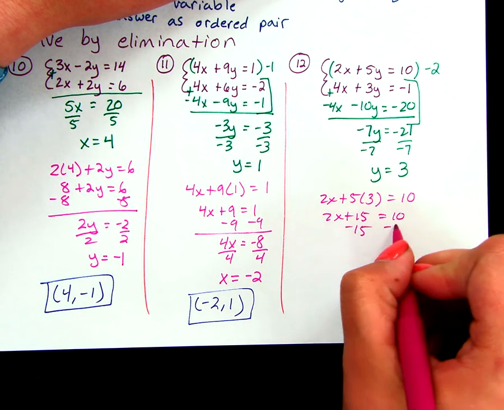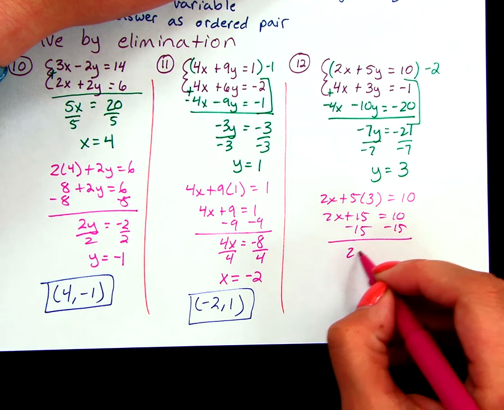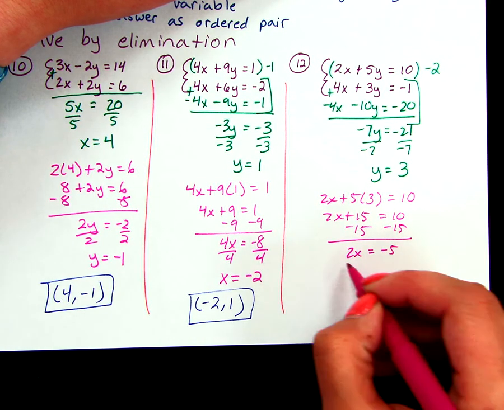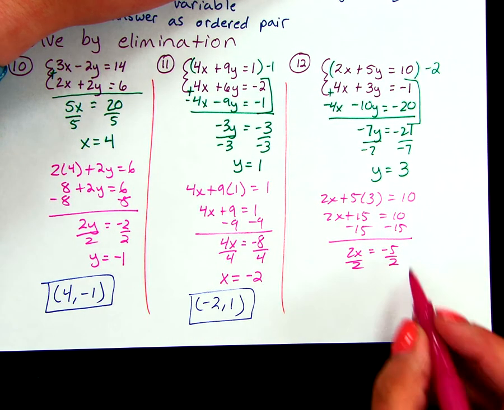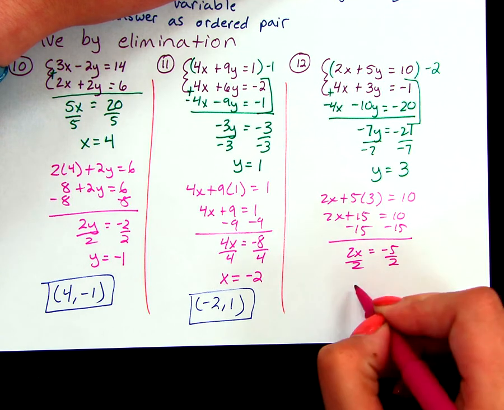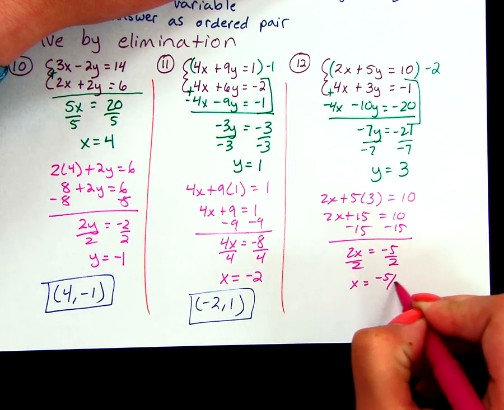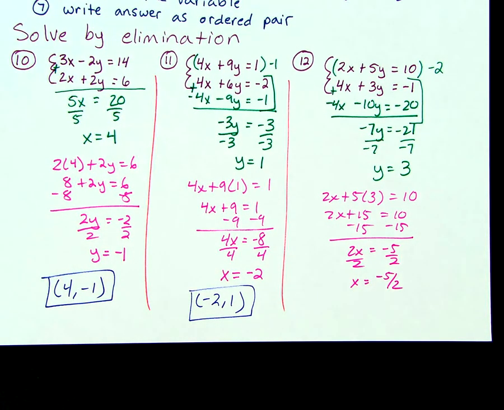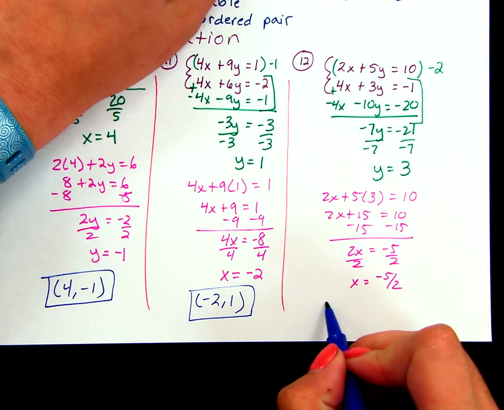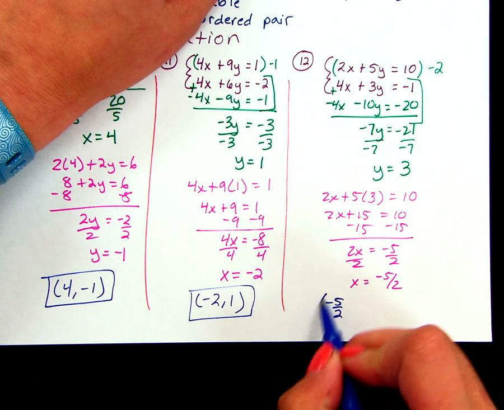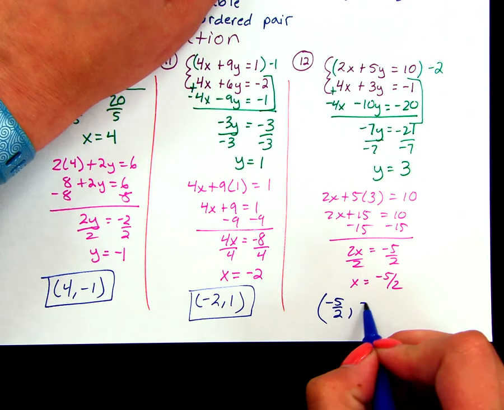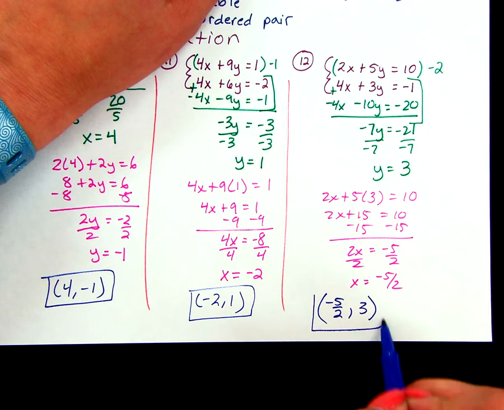Subtract the 15, so 2x equals negative 5. Then we're going to divide by 2. This doesn't simplify nicely, so I'm just going to leave it as a fraction. And again, our final answer is written as a coordinate. We'd have negative 5 halves, and then our y value is 3. So this would be our final answer.